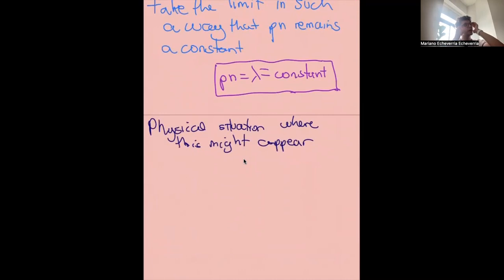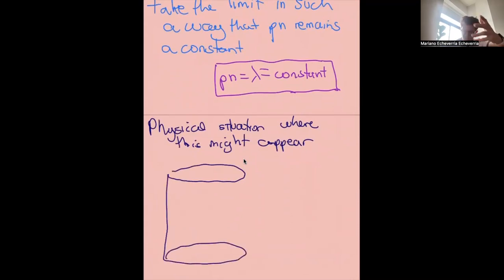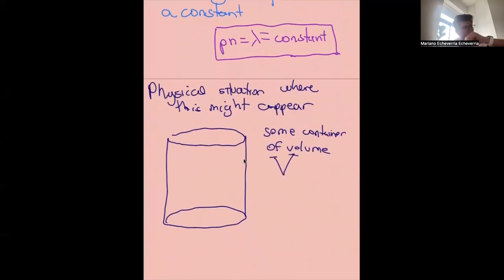In practice, you have some container of volume V, and then you have n particles inside that container.